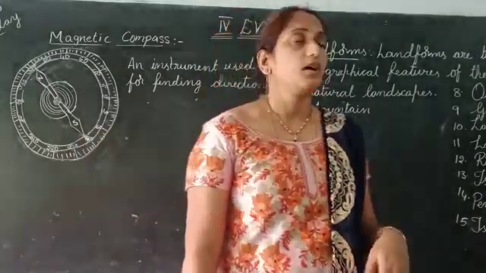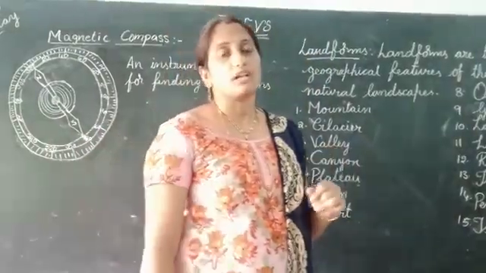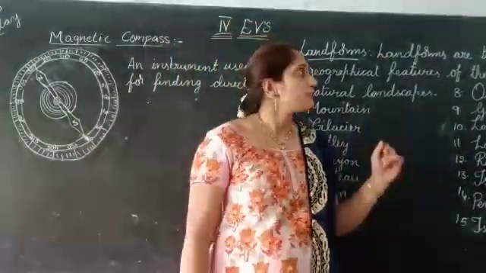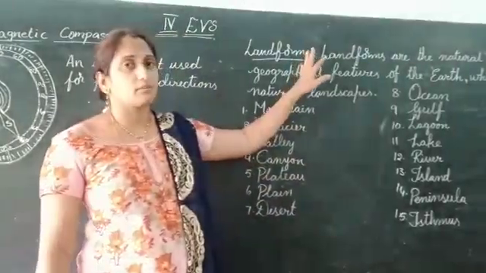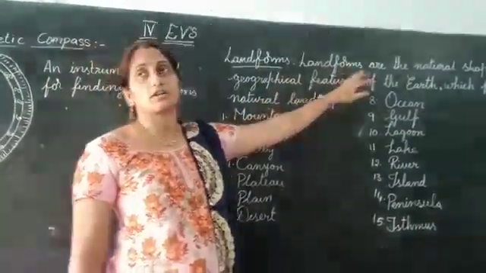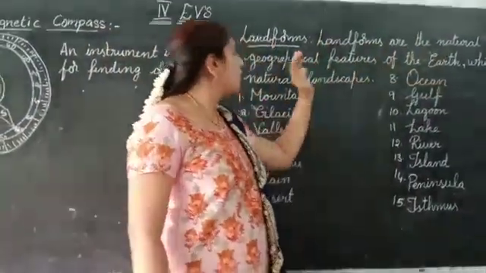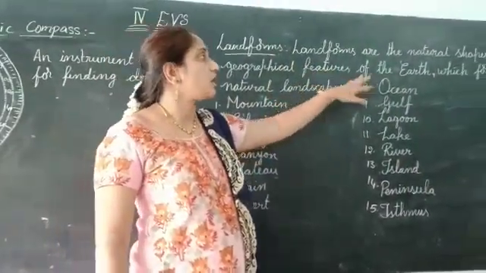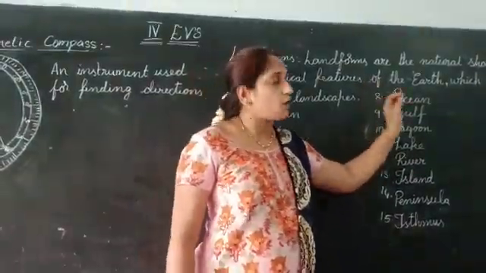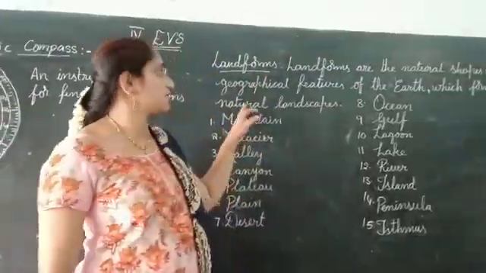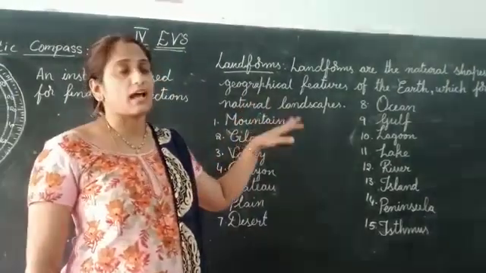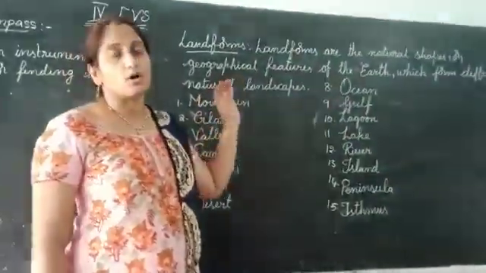Now coming to the landforms. We have many landforms in our country. What is meant by landform? Landforms are the natural shapes or geographical features of the earth which form different physical features, different natural landscapes. That is called landforms.